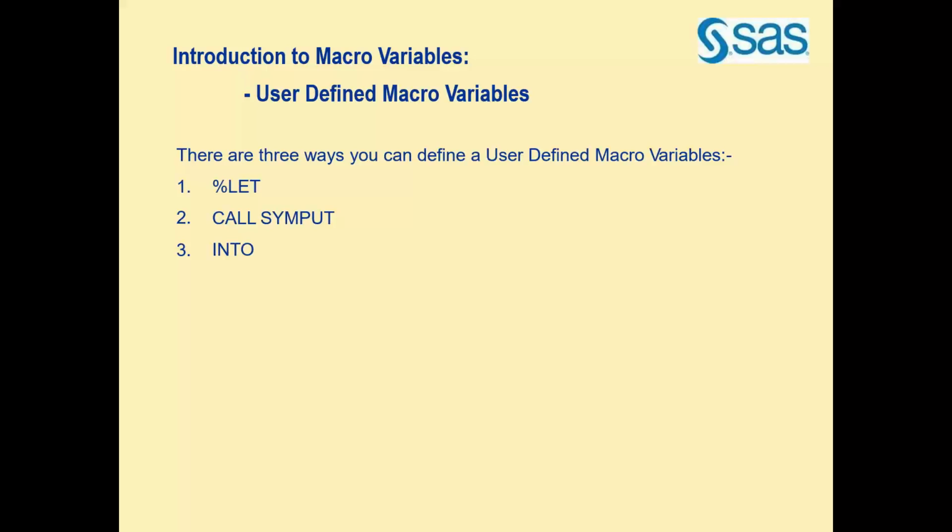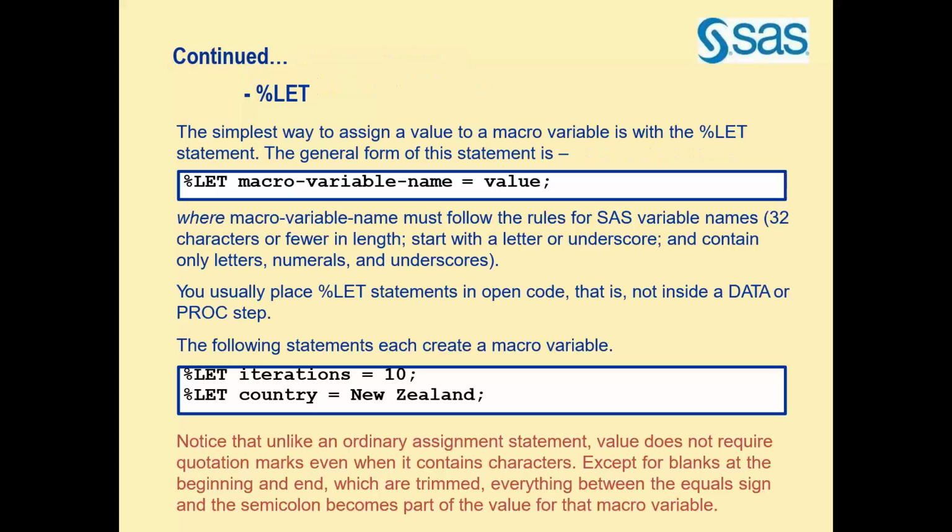Now most of the time I will be creating my own macro variables to make my program an automated program, right? So how can I achieve that goal? I can achieve it with three different options. One is %let, the second method is called symput, and third is into.